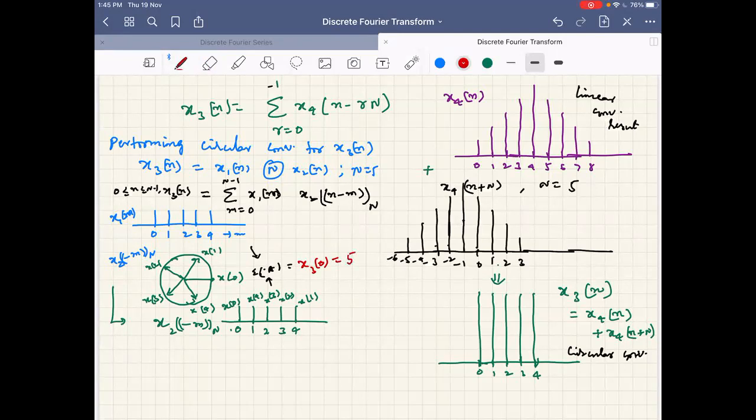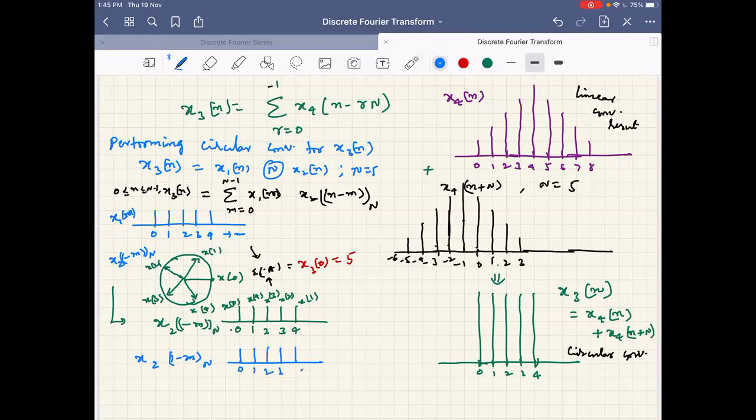Similarly, let me write the next one: x2 of 1 minus m. I want to compute x3 of 1. It will be the same sequence, as you can see here in this example.